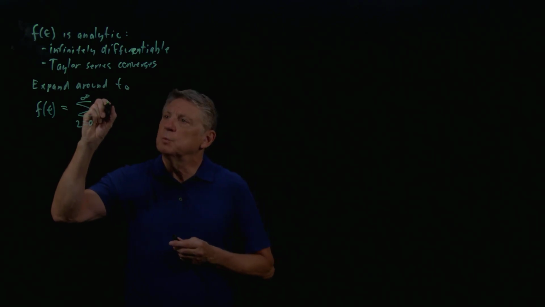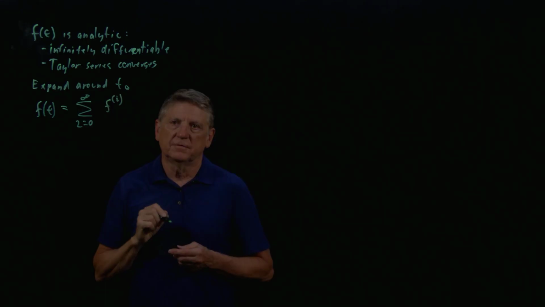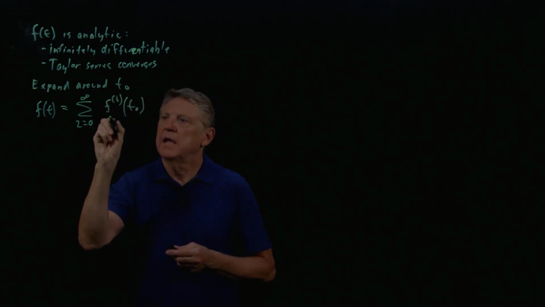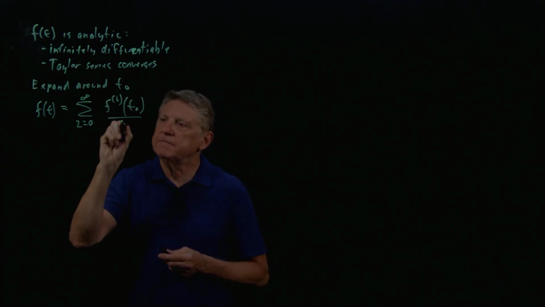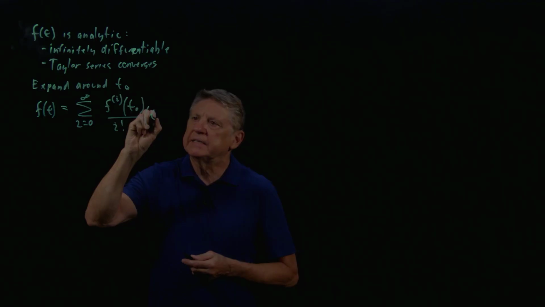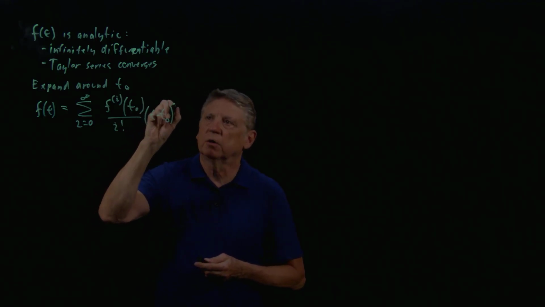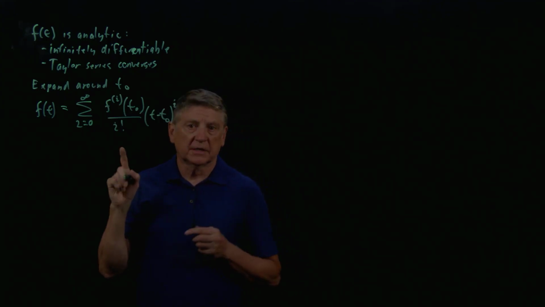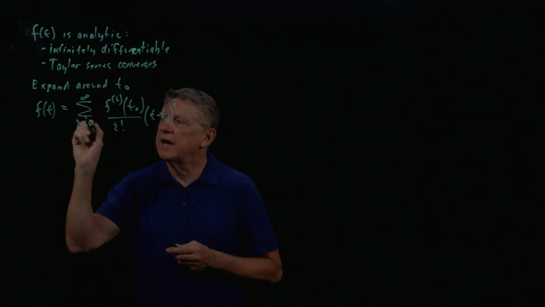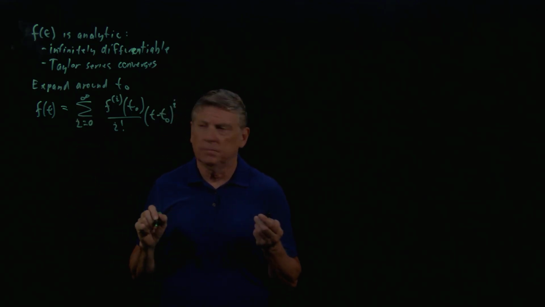What we do is we take the ith derivative of the function at the expansion point and divide that by i factorial and multiply that by t minus the expansion point to the power i. Here it's important to observe that i is an index variable. It's not the imaginary number.